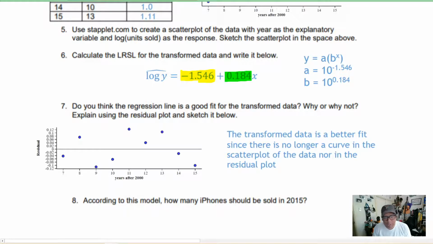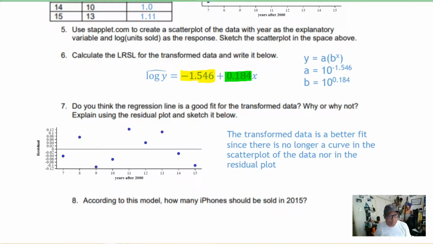I don't know if I'd be super enthusiastic about what I write here, but I would say something like the transformed data is a better fit, maybe not the best fit, but a better fit, since there's no longer a curve in the scatter plot of the data, nor in the residual plot. So no curves in the data, no curves in the residual plot.